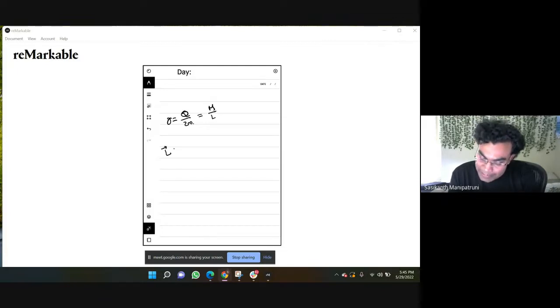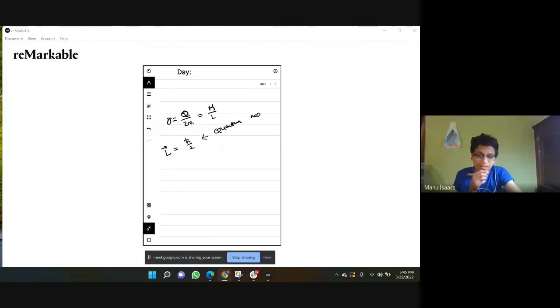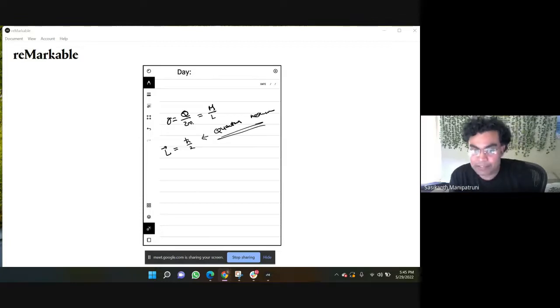Angular momentum of an electron is actually h bar over 2, and this comes from quantum mechanics. Okay. When I come back to do revision of quantum mechanics, I will argue why, right? Why it is h bar over 2, or why quantum mechanics means angular momentum.